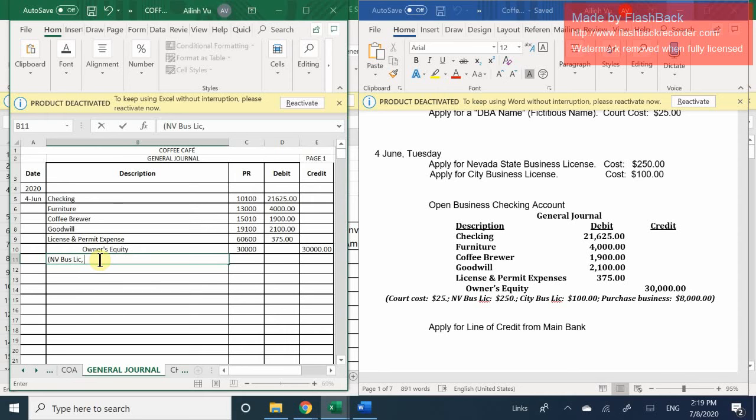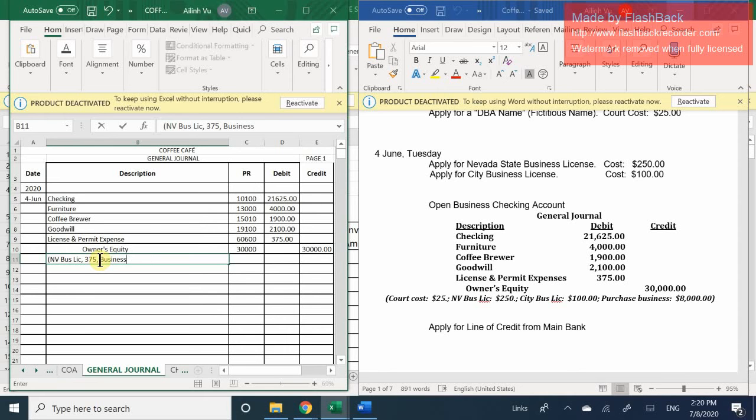comma, was it 375, comma, business itself is $8,000. Oh no, it says purchase business.